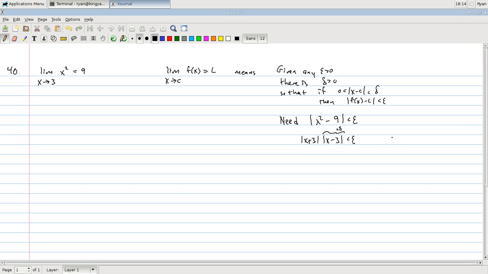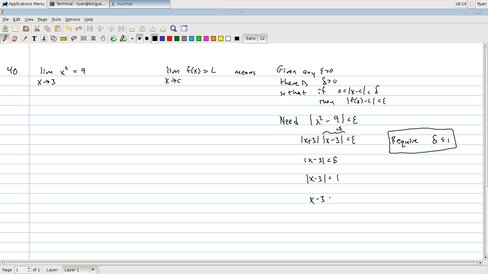So what I'm going to do is make the requirement that the delta that we choose will be less than or equal to 1. And we're going to make this more formal when we do the actual proof. But for now, let's just insist that delta be small enough, that delta be smaller than 1. If that's the case, then x minus 3 is less than delta, which means that x minus 3 in absolute value is less than 1.